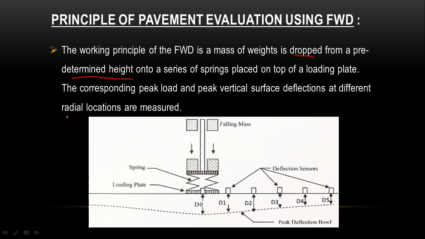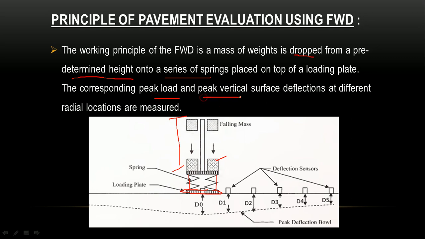The height of the fall also we need to decide. Whatever load we are applying is dropped on the springs. You can observe in the figure, these are all the springs, below which the loading plate is there. The weight is applied and falls from the predefined height.